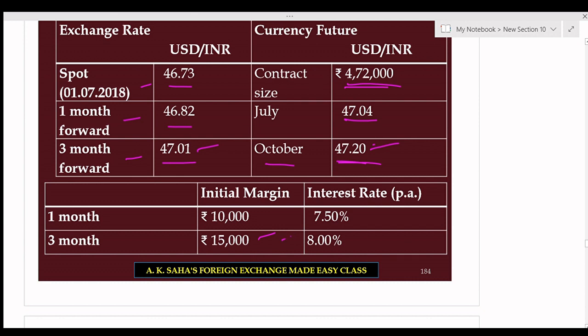And for the loser, if the party is unable to pay the money from their bank, then this amount will be adjusted against the initial margin. If there is a surplus after adjustment, then the initial margin will be refunded to the party.